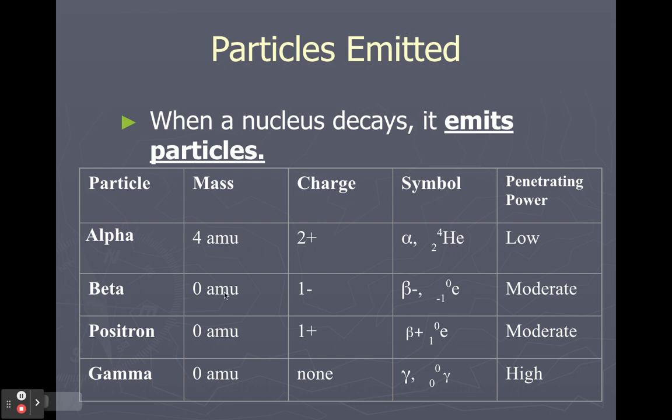Beta, which has no mass and a -1 charge, so it's kind of like an electron. A positron, which is sort of the opposite of a beta. It has no mass, and a +1 charge. And then gamma, the most harmful, the strongest, has no mass, no charge, and has a very high energy.